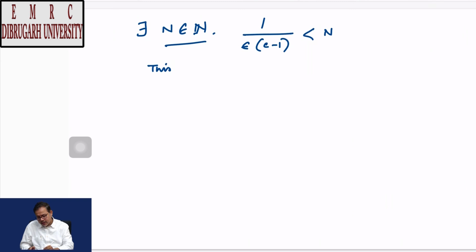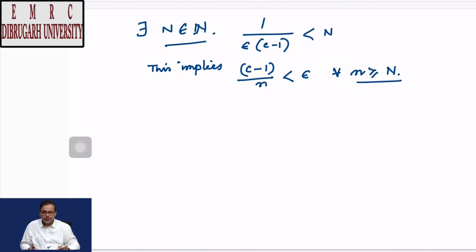This implies (c minus 1) by n is less than epsilon for all n greater than or equal to N also. And thus, xn minus 1 is less than epsilon for all n greater than or equal to N.